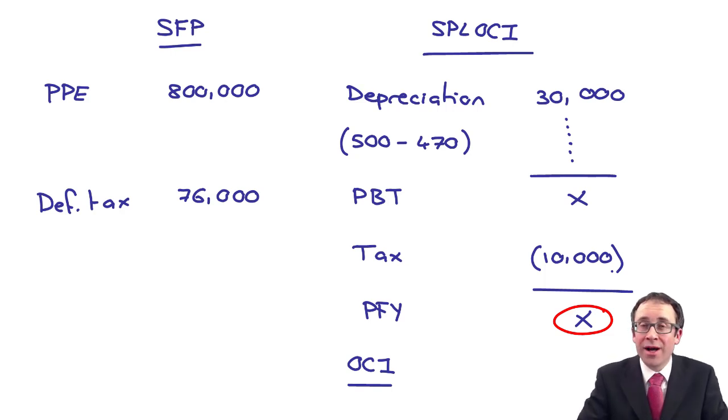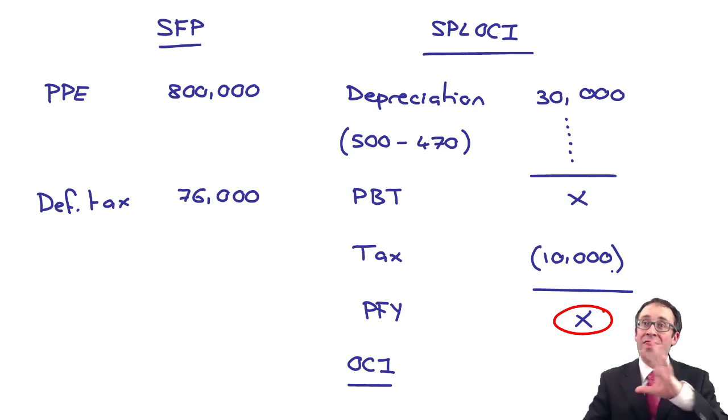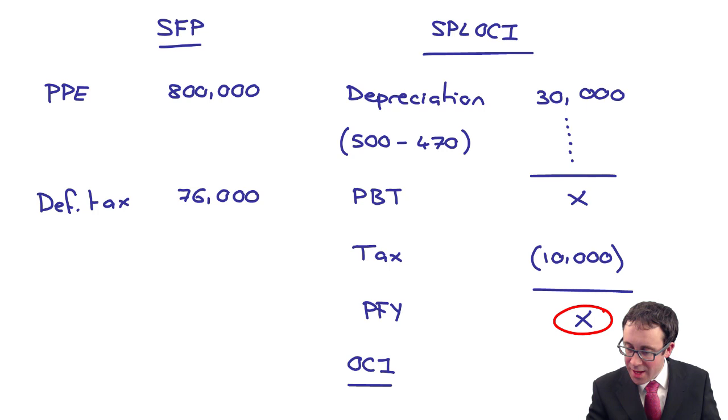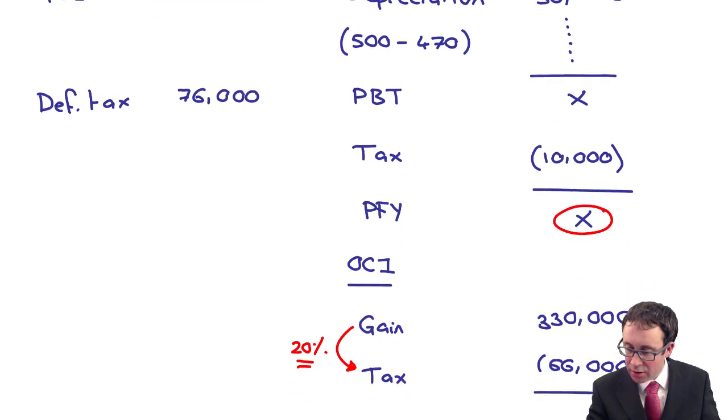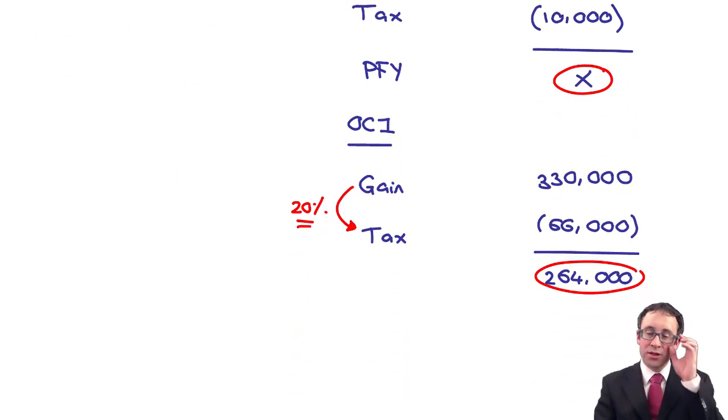So if you do see a revaluation, be aware that there may be tax or deferred tax upon it. If there is, focus on the revaluation, get that correct, and then don't worry too much about the deferred tax. If you want to get the easier marks with regards to the tax, then just take whatever gain you calculate and multiply it by the 20%, and that will get you some easier marks.